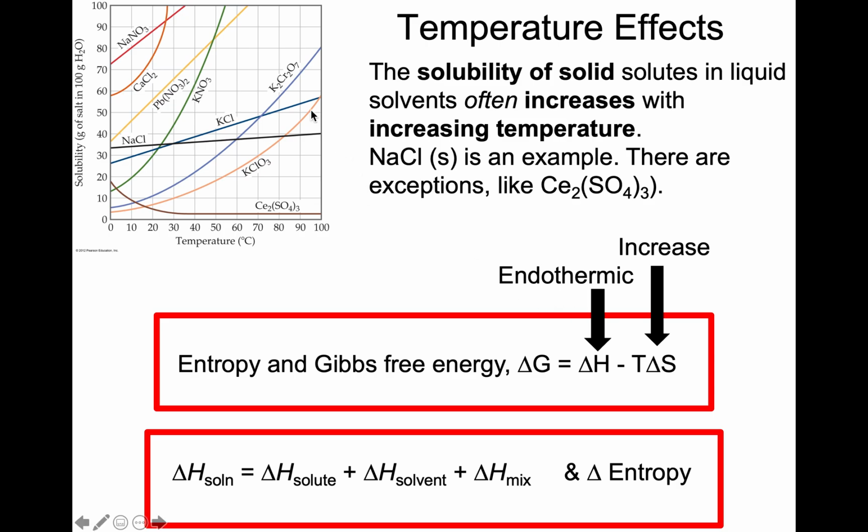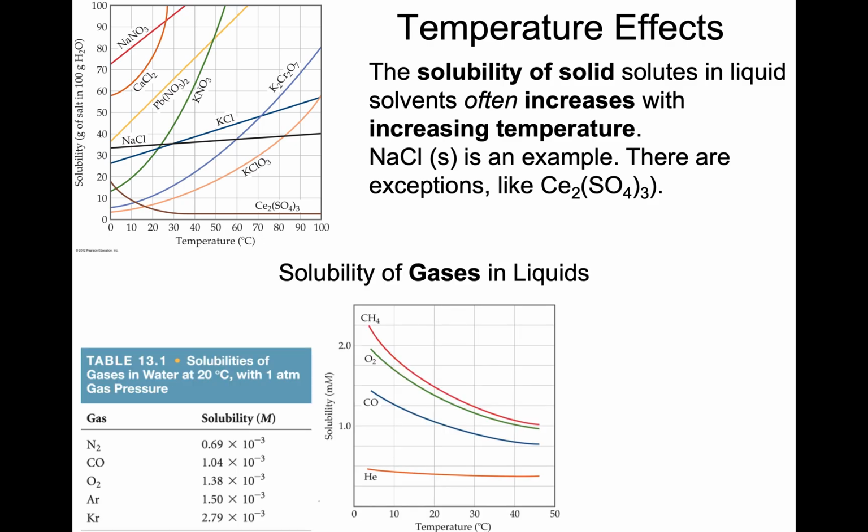So it's telling me generally when I'm dissolving a solid, this is the case. It's typically endothermic, and with the solution formation, the entropy is increasing. By knowing the temperature dependence, I know the signs for both the change in the enthalpy and the change in the entropy.